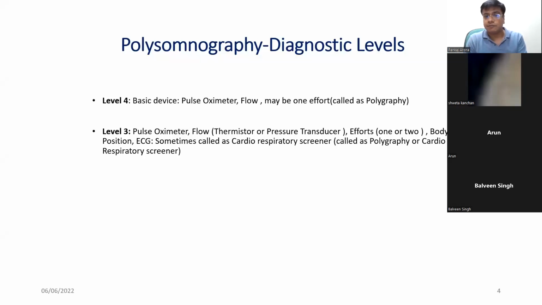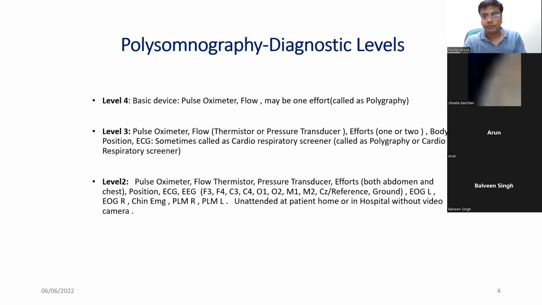Level 3 will have pulse oximeter, flow, both thermistor and pressure transducer, or thermistor or pressure transducer, then efforts, both thoracic as well as abdomen, body position, and also ECG, and therefore it is sometimes called a cardiorespiratory screener. Level 3 and level 4 are called polygraphy, because there is no EEG involved in it, just simple respiratory channels.